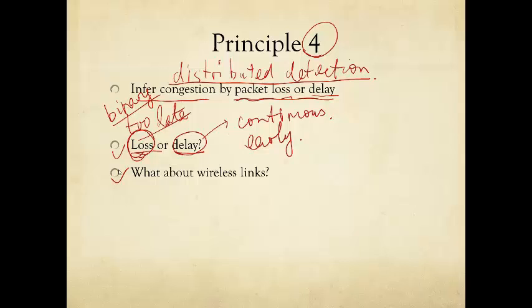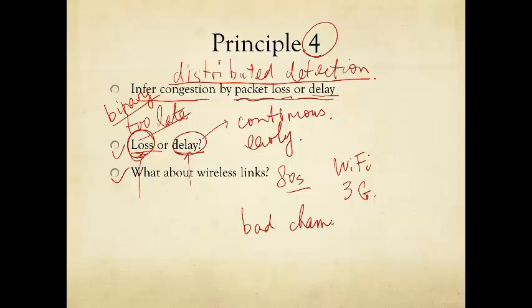The second question is, is it indeed true that packet loss or delay should be viewed as the basis on which you infer congestion? Sounds reasonable, and certainly back in the 80s, when the internet was entirely wireline pretty much, that's very reasonable. But with the proliferation of Wi-Fi and 3G, these wireless links may actually induce packet loss or delay, not because of congestion, but because of a bad channel.